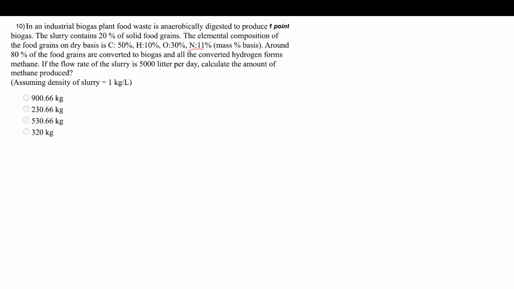If the flow rate of the slurry is 5000 liter per day, then calculate the amount of methane which is produced. Density of slurry is given to you as 1 kg per liter.